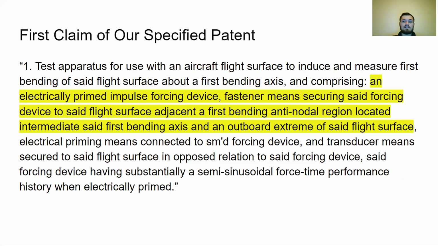This is deliberately vague because, as said in the preferred embodiment, it does not matter what parts you use. All that matters is that it reaches the goal it set out to achieve, so as long as it is an electrically primed impulse forcing device mounted in the antinodal region on the outboard extreme of the flight surface, it doesn't care what you use.